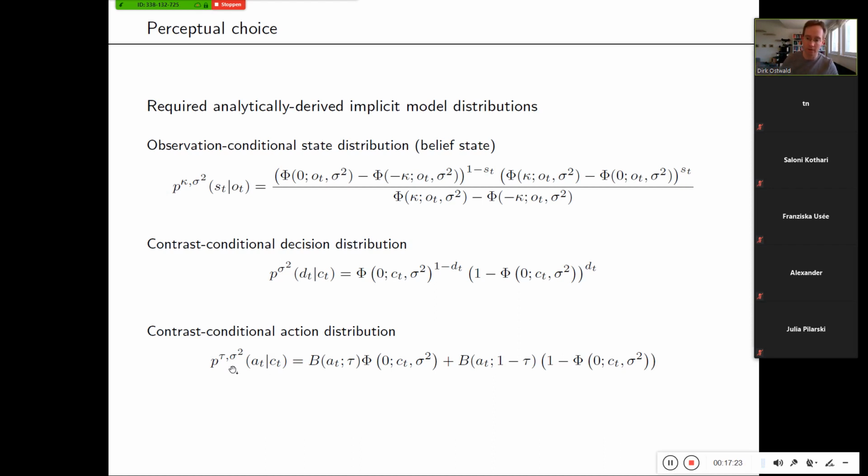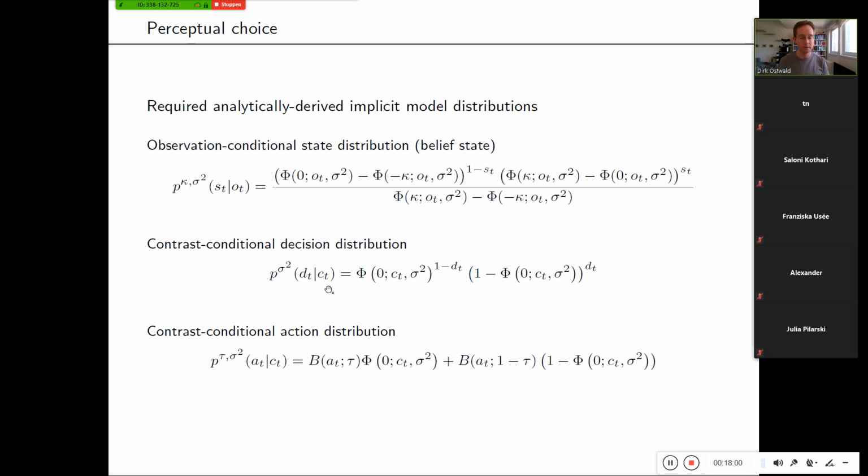We get this from embedding the probability of the decision given a contrast difference by applying our Bernoulli distribution. This is what Rasmus derived, and it does this averaging over internal agent observations in an analytical manner.